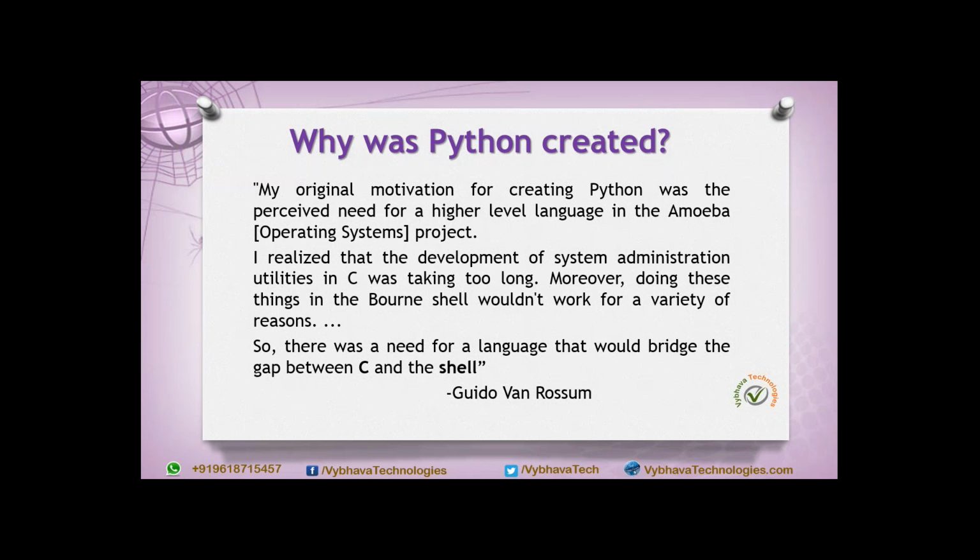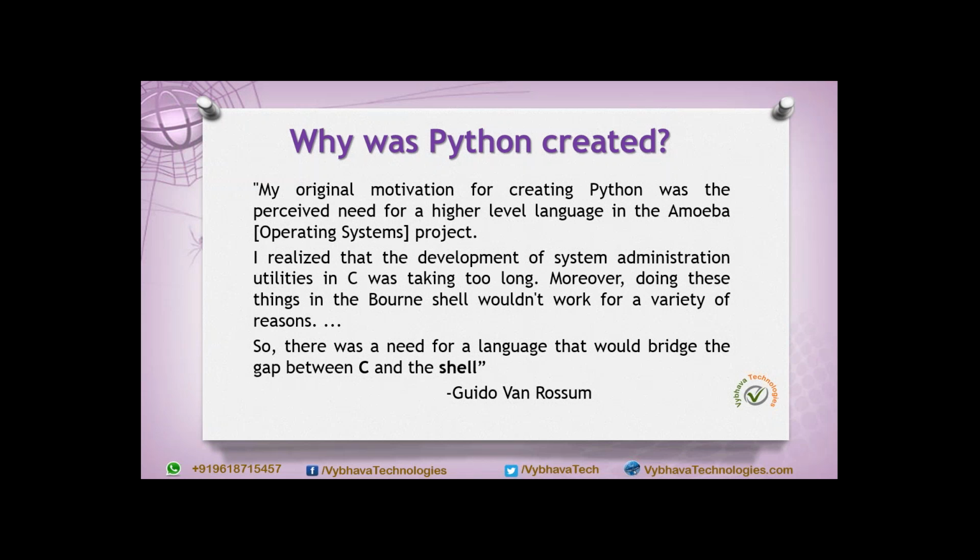He realized that for developing system administration utilities, Shell already existed, AWK and SED were there, and C programming was also there. All these were not giving completeness for the system administrator, be it a Unix administrator, a DBA, or any application server administrator. The administrator is not able to work with one utility.